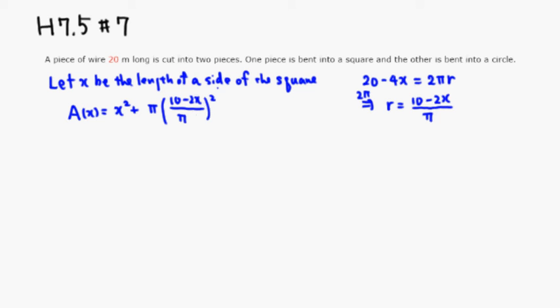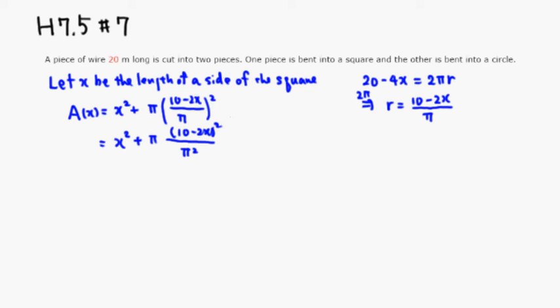Which can be simplified: you have x squared plus pi times a pi squared on the bottom. I'll leave 10 minus 2x squared as it is.